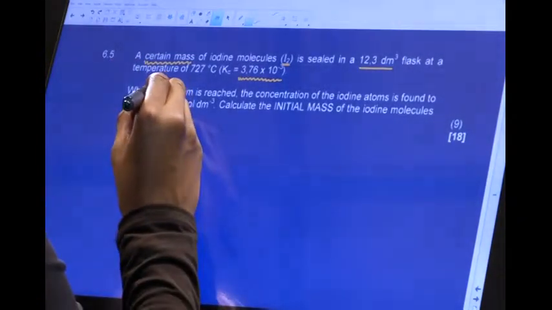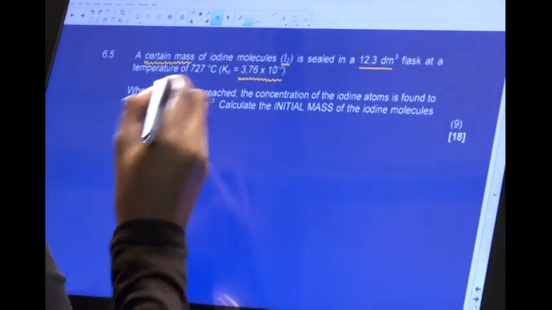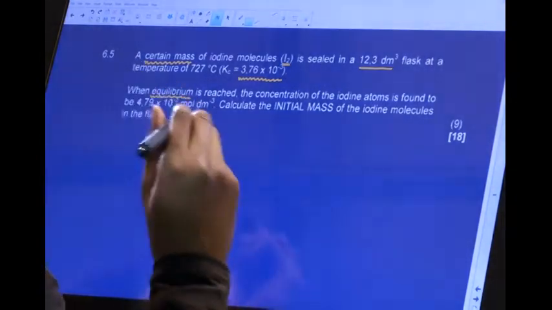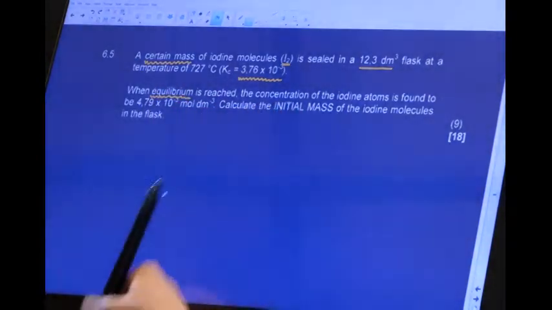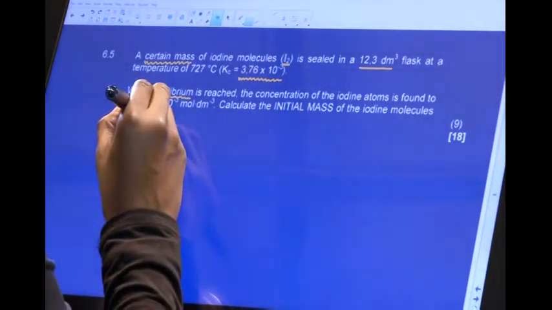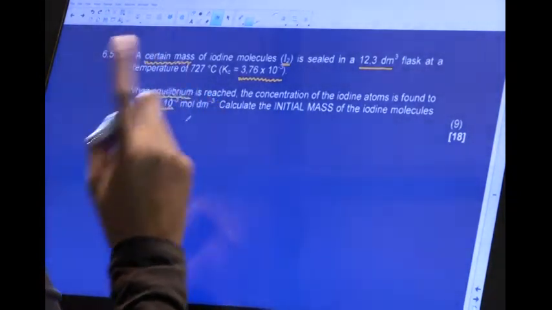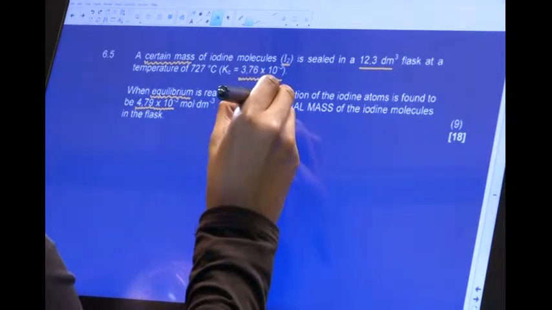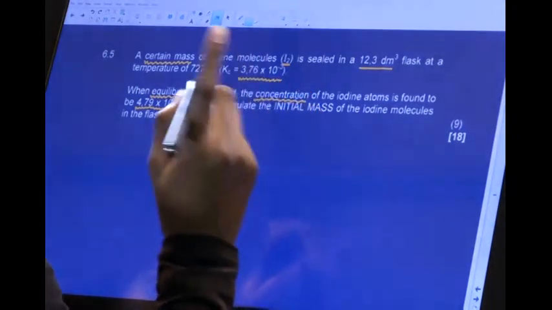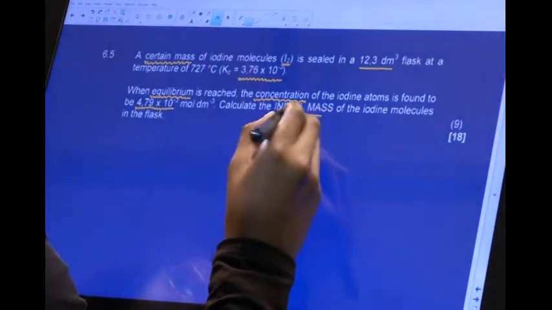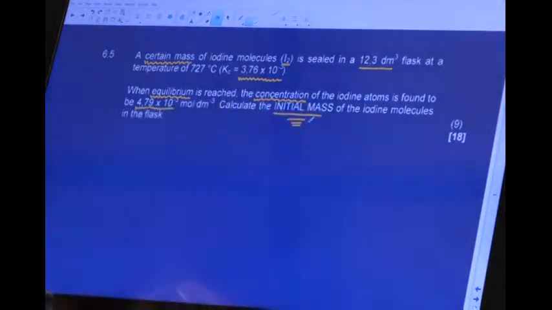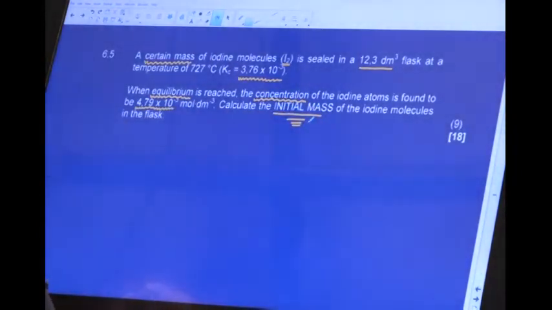When equilibrium is reached, the concentration of the iodine atoms is found to be 4.79 times 10 to the negative 3 moles per cubic decimeter, which is concentration, very important. We must calculate the initial mass of the iodine molecules in the flask.